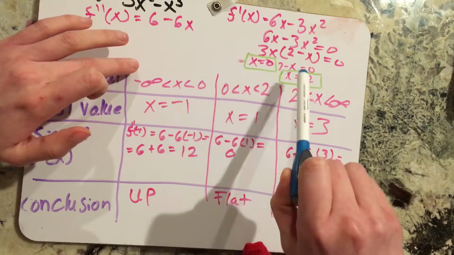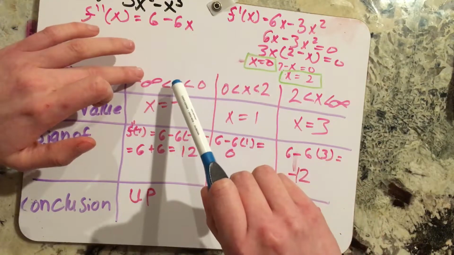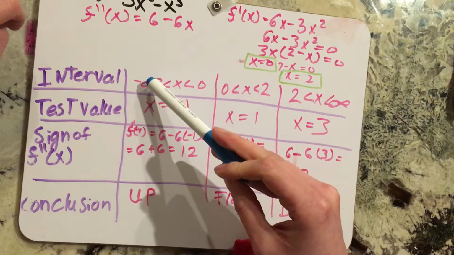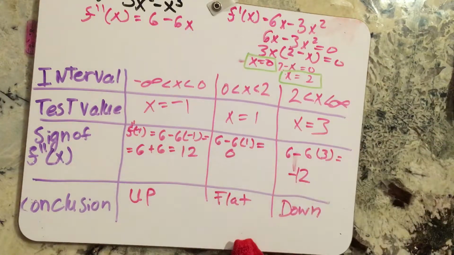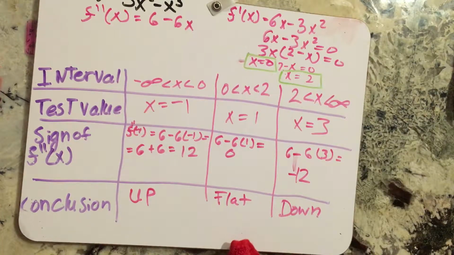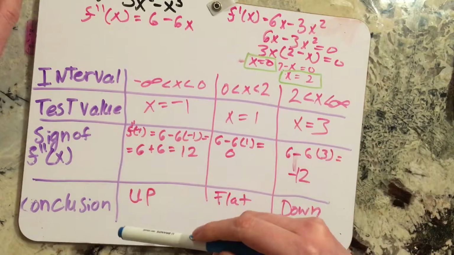So then I'm just taking my critical values and putting them into my intervals. We start with our smallest critical value, which is going to be negative infinity, because remember, most of these graphs go on to negative infinity and to positive infinity. They don't have endpoints. So we're considering that kind of our smallest critical value.